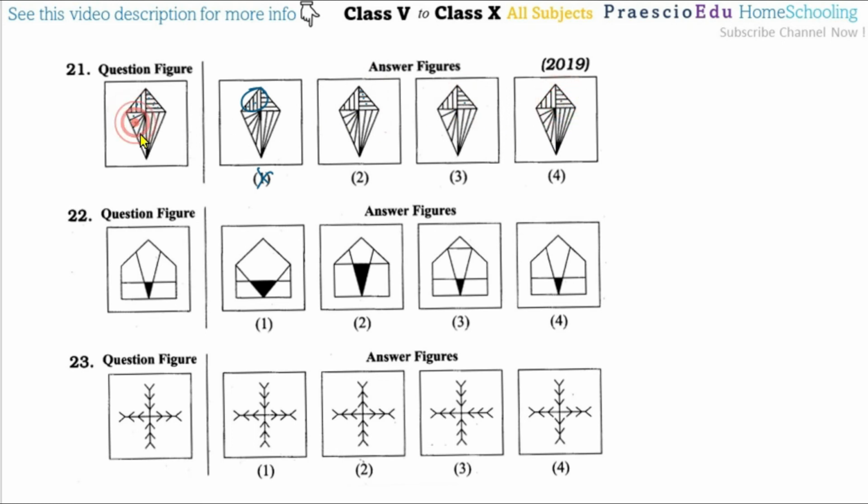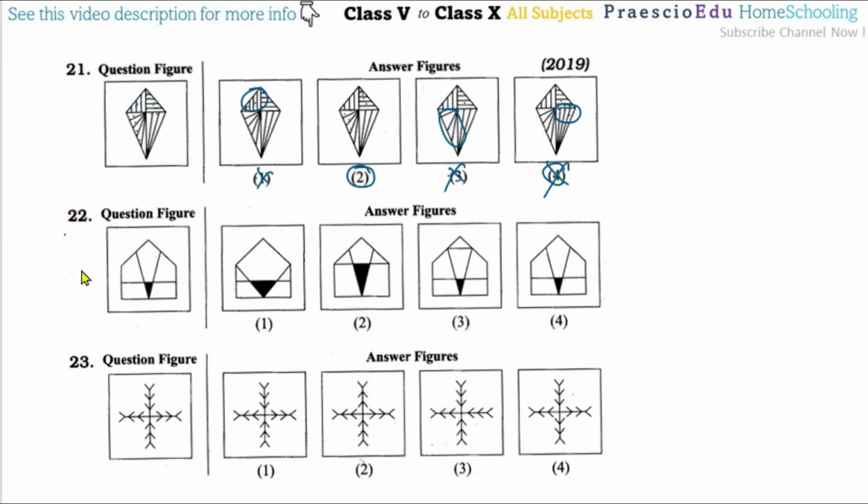But here 1, 2, 3, 4 lines are there, here 1, 2, 3, 4, here 1, 2, 3, so this is the difference, so option number 3 is also not correct. Then here 1, 2 lines are here, here 1, 2, 3 lines are there, so this is the difference in option number 4. So options number 1, 3 and 4 are different, and only the option number 2 figure is perfectly similar.